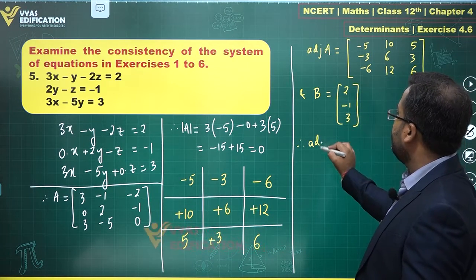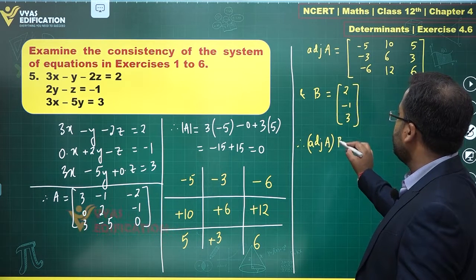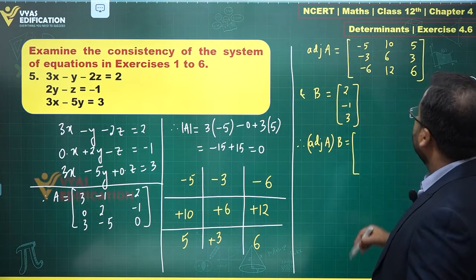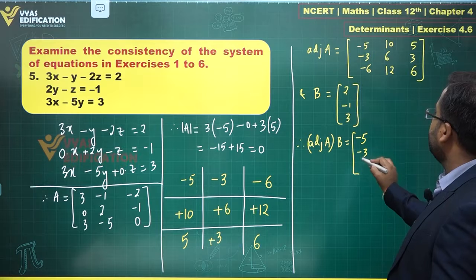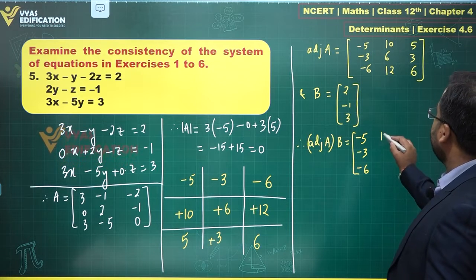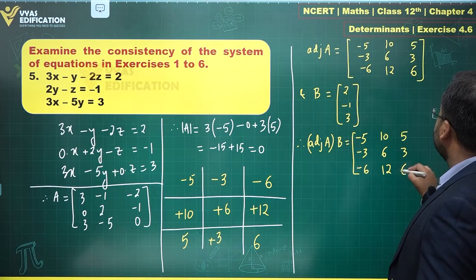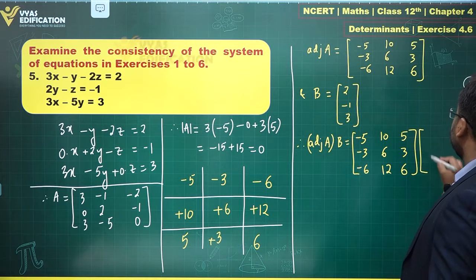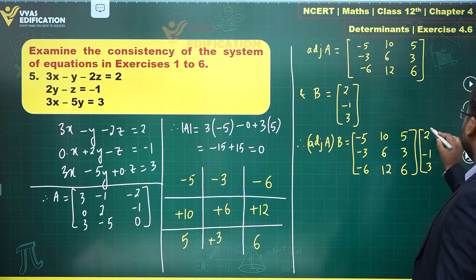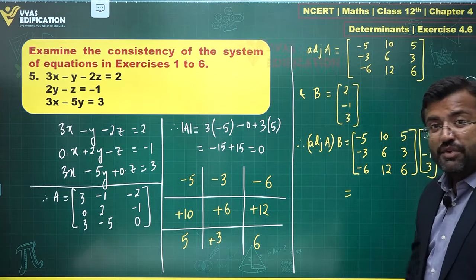Therefore, adjoint of A times B is equal to what? Minus 5, minus 3, minus 6, 10, 6, 12, 5, 3, 6 times the other matrix, which is 2, minus 1, 3. Can you help me find this product first?